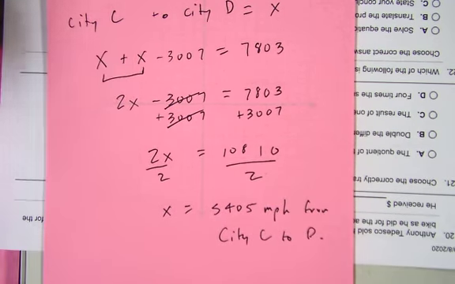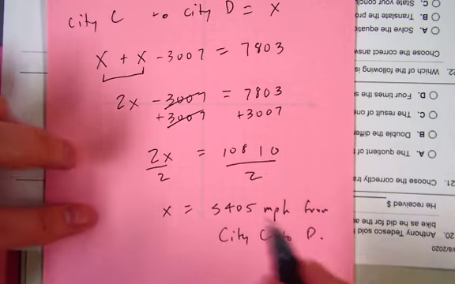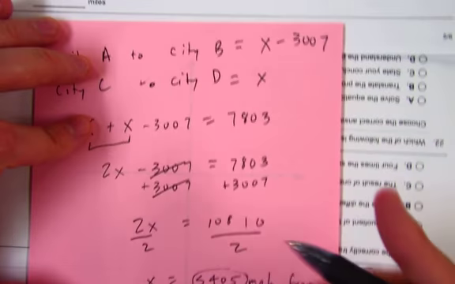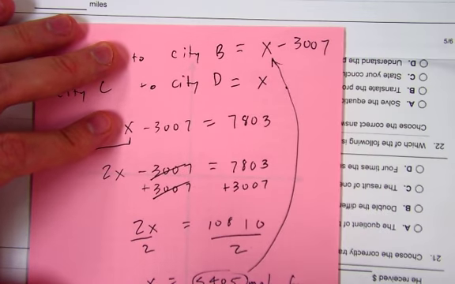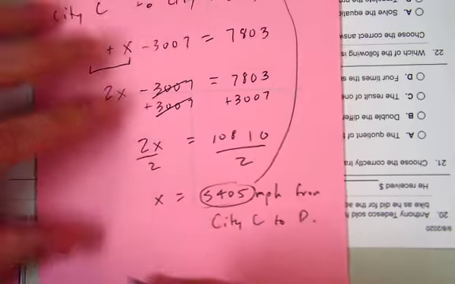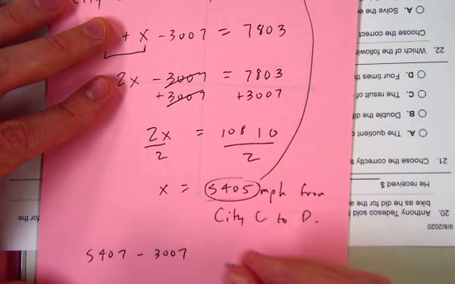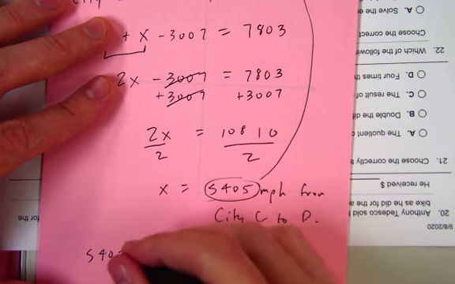Okay, and then if I want to get the other one, I have a couple of choices. The most common way to do it is just to take this and plug it back into our other expression here, right? So 5405 minus 3007. Okay, and that'll give us, whoops, should be 5405 there.